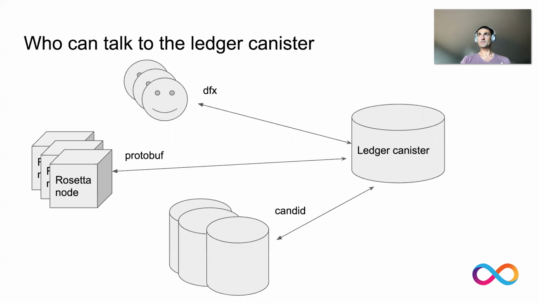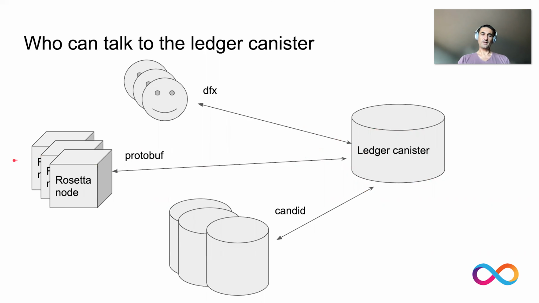Why would you need the Rosetta node? You may know that the Rosetta API is a coin-based standard. It is essentially a domain-specific language which allows anyone to talk to a blockchain in a way that abstracts away from the details of the blockchain itself.